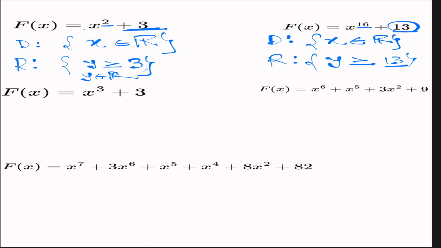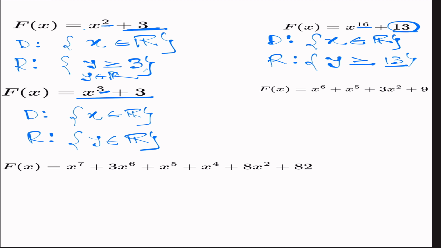But when our degree is odd, it simply means our domain is x, all the real numbers, and the range is y, all the real numbers.